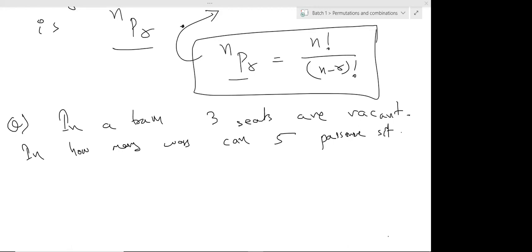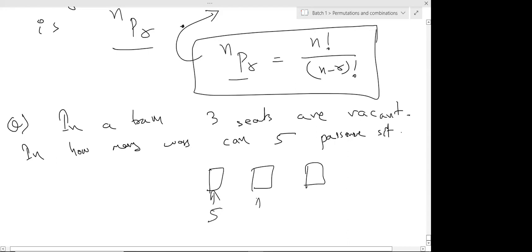See the first method we have been solving till now. 3 seats. This can be filled in 5 ways, this in 4, this in 3. So total is 60 ways.